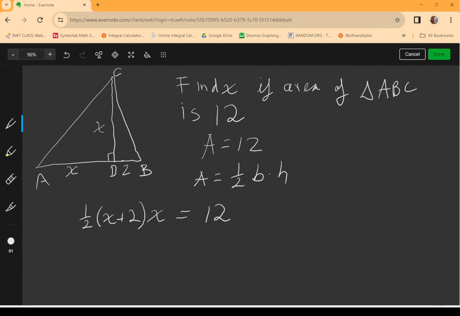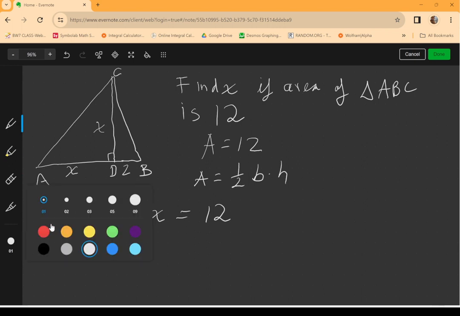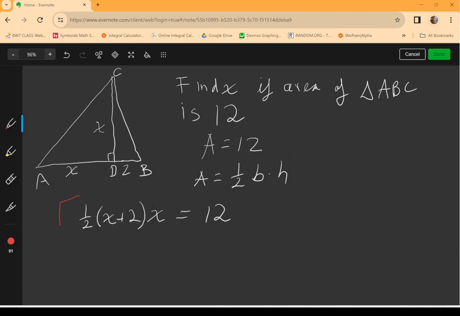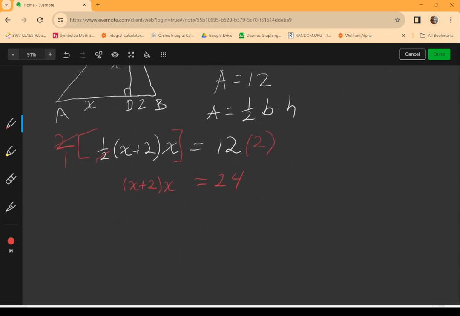One thing we can do, since there's a fraction here, is get rid of it right away. I'm going to multiply both sides of the equation by 2. This eliminates the fraction, and we're left with x plus 2 times x equals 24.